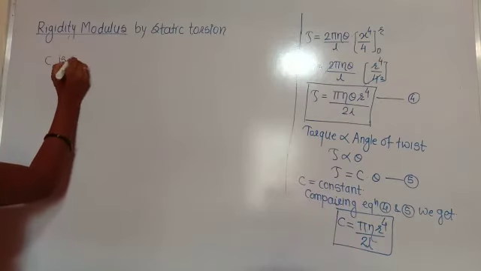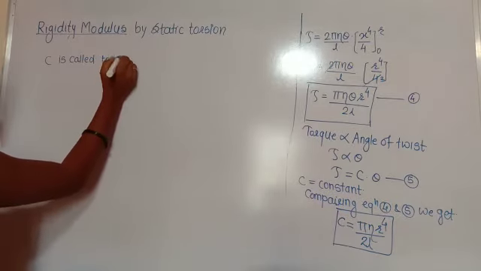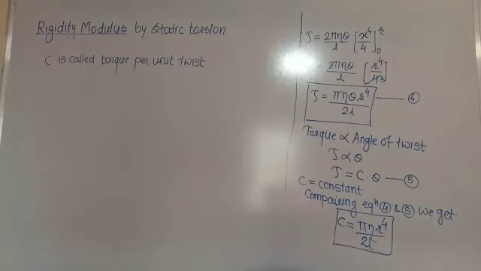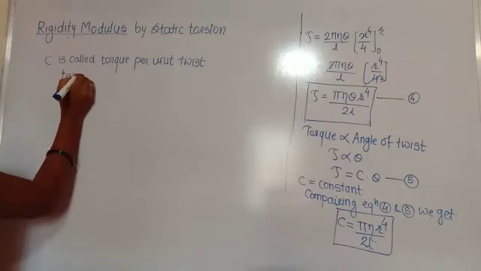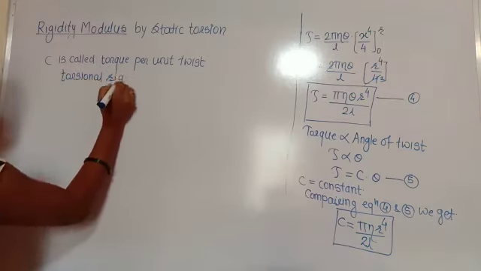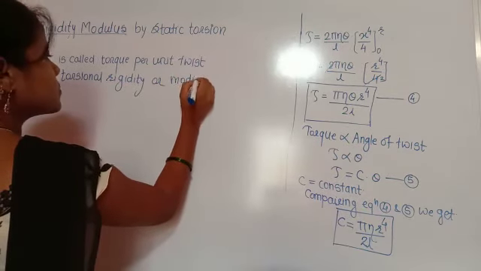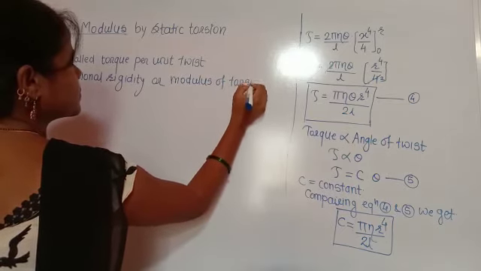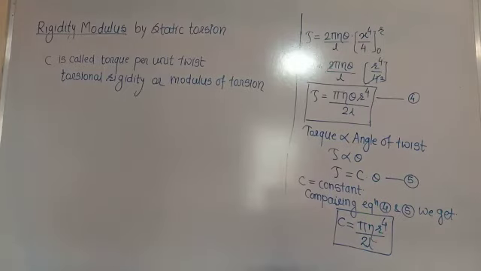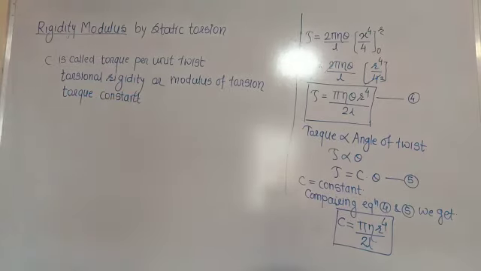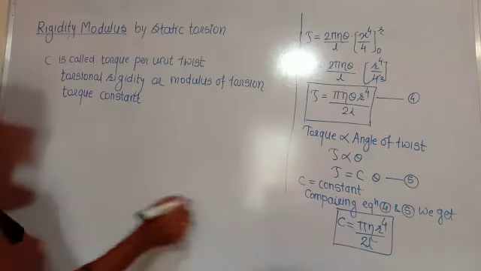So these are the names we give to C: torque per unit twist, torsional rigidity, modulus of torsion, or torsional constant.